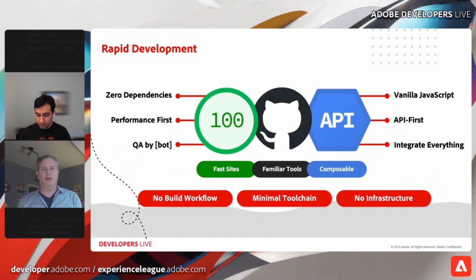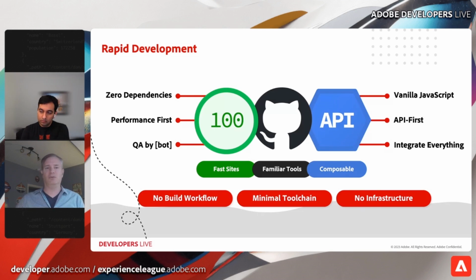My next slide follows in with some of this rapid development idea. We call this the no build workflow. So there's no pipeline to run, no special bundlers or anything, as Cedric mentioned in the keynote, and it's performance first. A cool thing is we also have QA by bot. So a lot of those steps where you would have to go to third parties or do offline checks, we can do in an automated fashion.